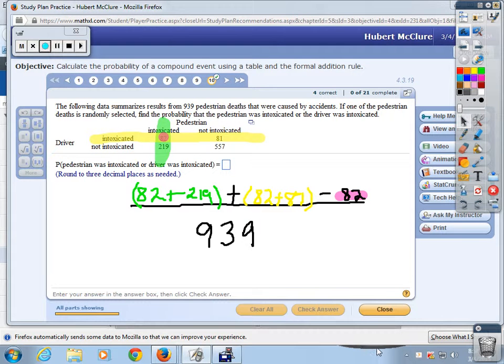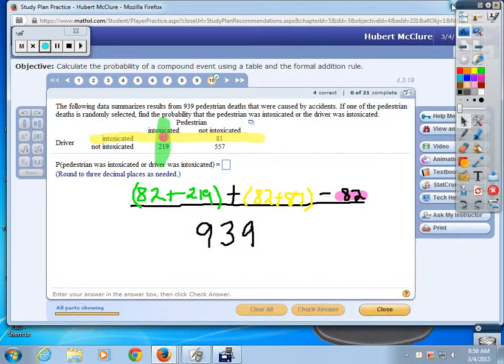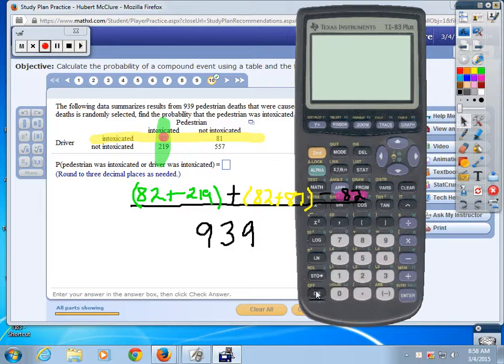So let's pull up our virtual calculator. So 82 plus 219 plus 82 plus 81 minus, where'd I get the 81?